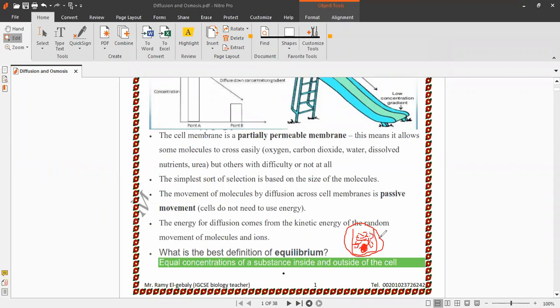When you reach the equilibrium state, the diffusion will stop. So equilibrium is the equal concentration of substance inside and outside of the cell. What happens when diffusion doesn't stop? Maybe the cell will swell and burst.